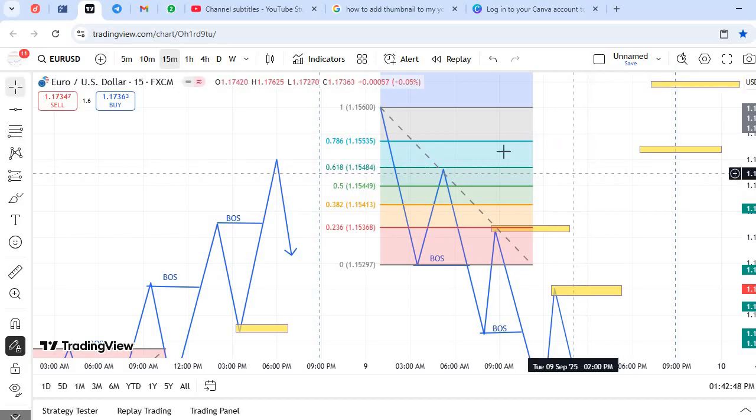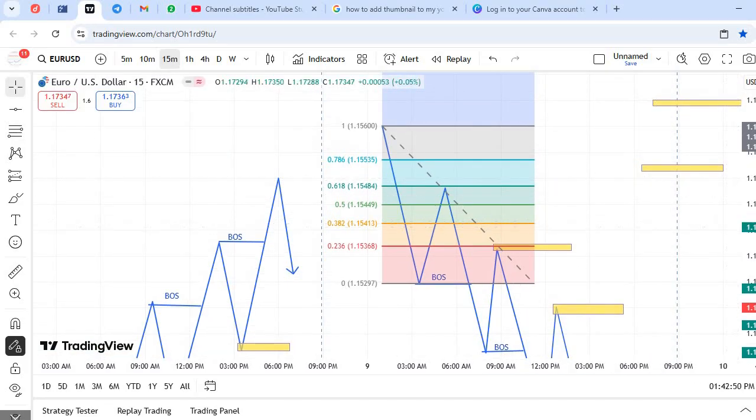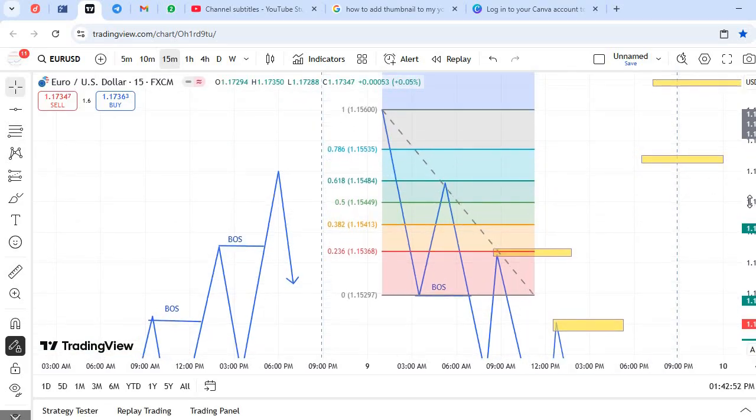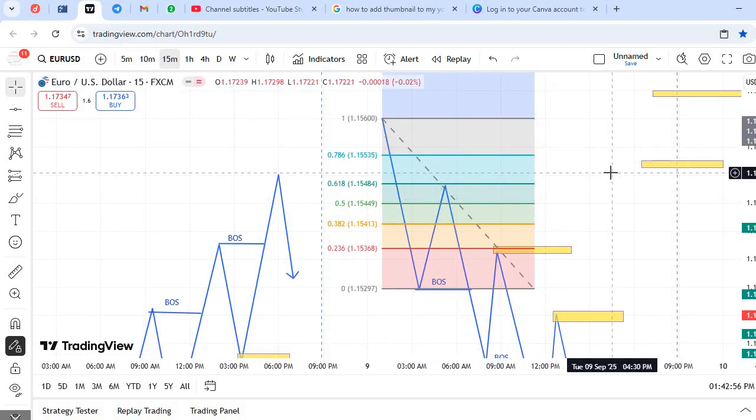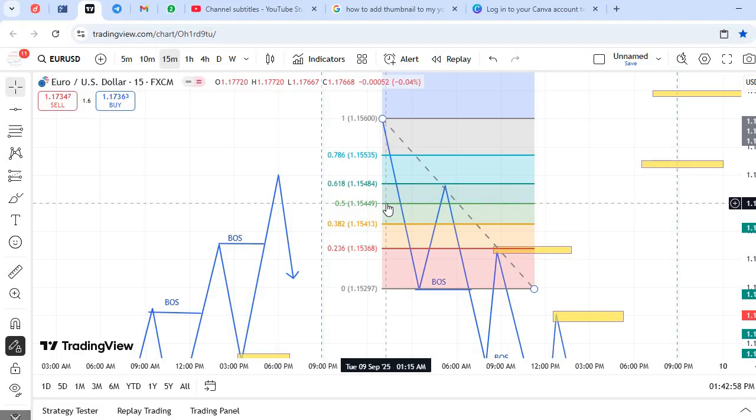So like I said, once you have done this, we want to look out for the 0.5. Now this is the 0.5. So the 0.5 is the middle point, or the midpoint.